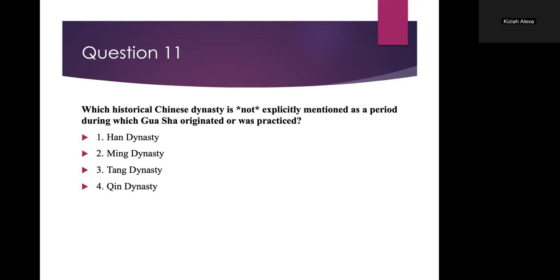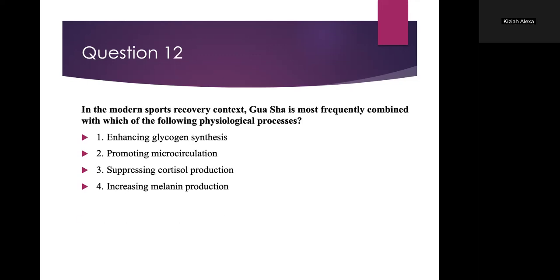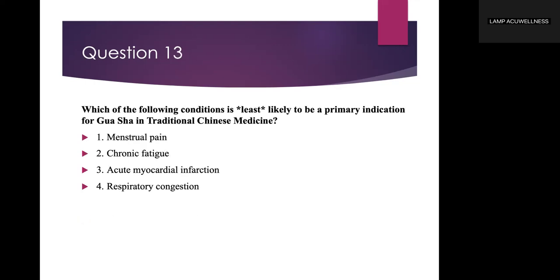The Tang dynasty. In the modern sports recovery context, gua sha is most frequently combined with which of the following physiological processes? Promoting microcirculation. Of course. Which of the following conditions is least likely to be a primary indication for gua sha in TCM?